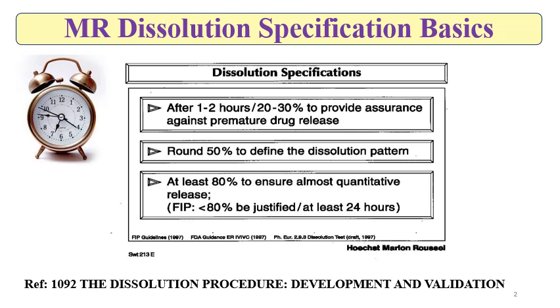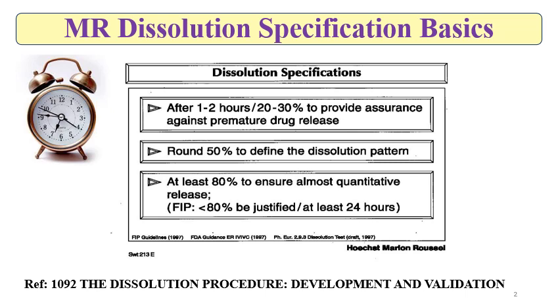The last time point will be at least 80% of the drug dissolution, required to ensure that almost 80% of the drug is released. That means there is complete release, we can say, at the last time point. So based on this the dissolution specification is given.